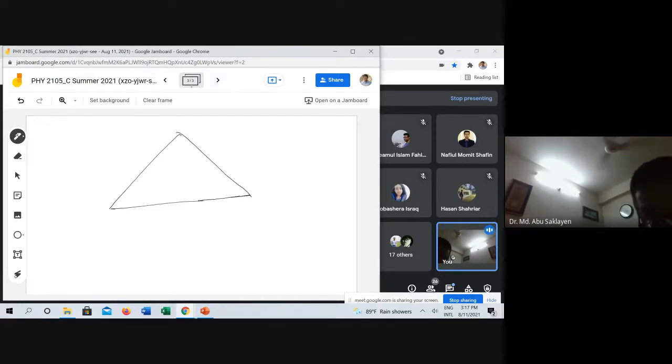Suppose Q1 equal to 25 nanocoulomb, this is Q2, minus 12 nanocoulomb, and this is Q3, 18 nanocoulomb. We need the force on Q3 due to Q1 and Q2.